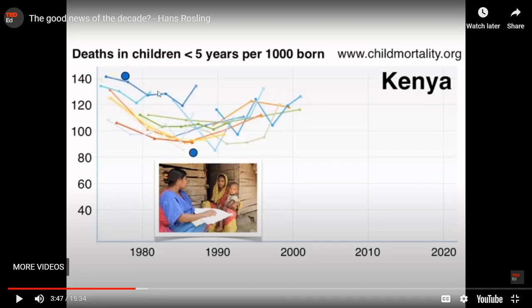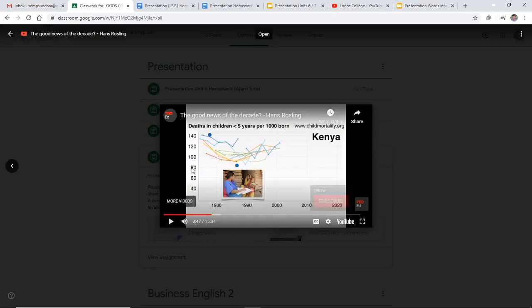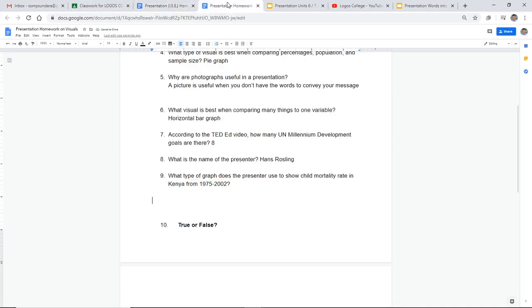As you can see, this is a line graph, right? It's connecting dots, and it shows a trend over a period of time. Here you can see deaths in children, so this is mortality rate. There's a trend, it lowered, and then now it's going back up. We want to know why. So your answer to number 9 is the line graph.